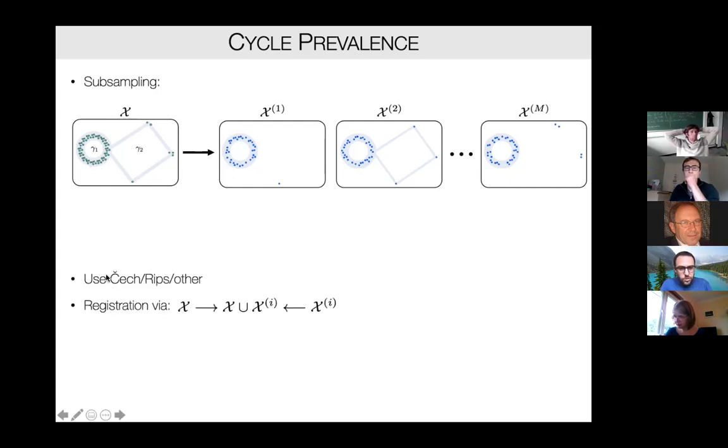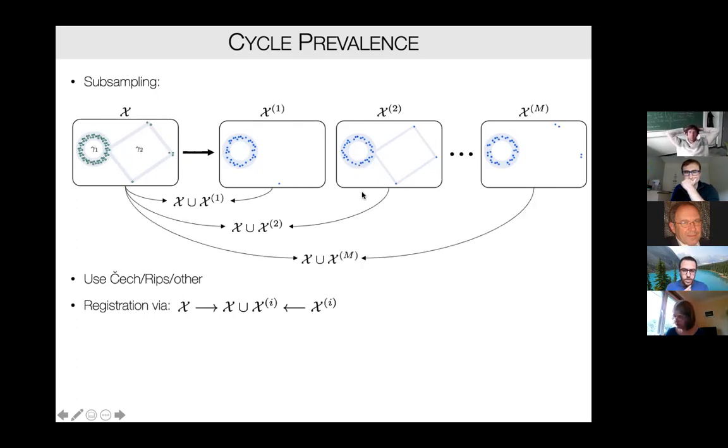We use either the Čech or Rips complex. And what we want to do is take each of the sub-samples, compare it to the original set X, and find matchings in order to count how many times the cycle repeats. So we're going to compare X1 to X, and then X2 to X, and so on. We have this cycle registration framework going on for each of the sub-samples.